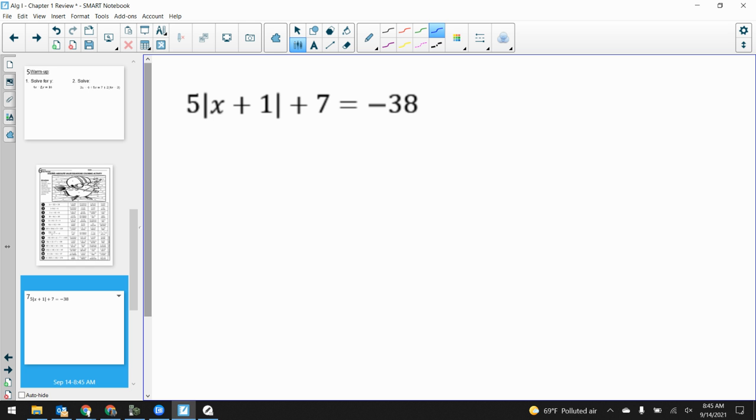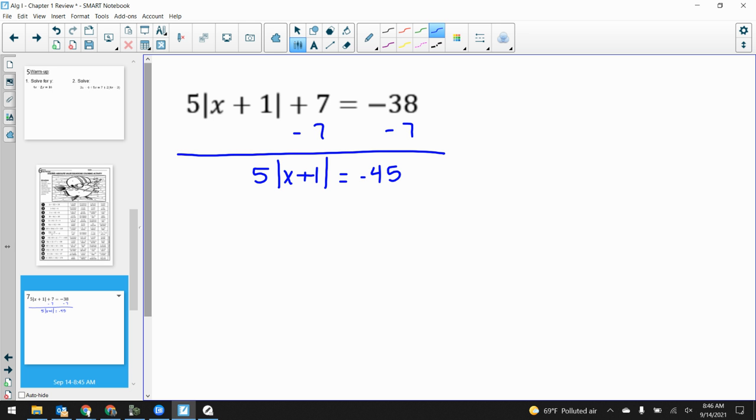What's the first thing that I need to do to get my absolute value completely isolated? You have to subtract 7. Good. I've got to subtract 7 over to the other side. So that's going to give me 5 on the outside, |x plus 1| on the inside, and a negative 45 on the right side. What's my next step?